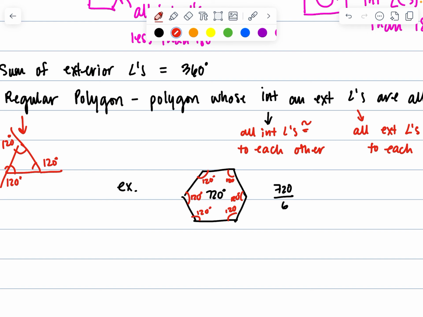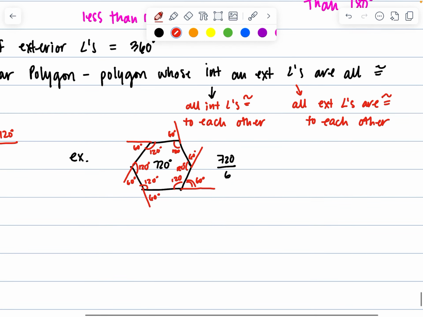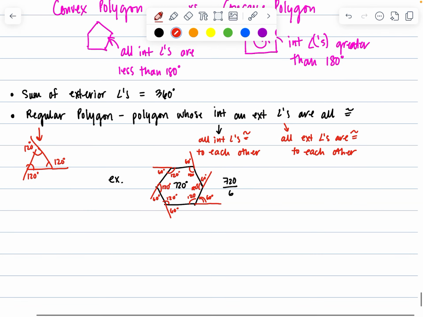Okay, but what does that mean about the exterior angles? Well, we know that they are supplementary because they make a linear pair. So there should be 60 degrees on the outsides of all of these. And as you see, 60 times 6 is 360 degrees. So it fits the criteria that the sum of exterior angles is 360 degrees.